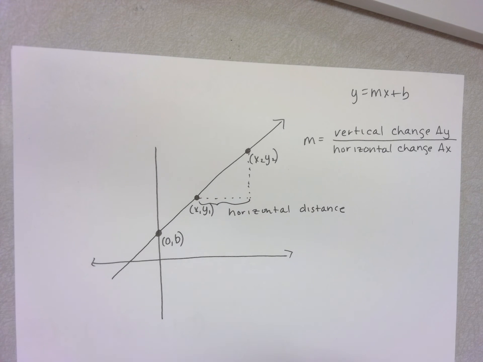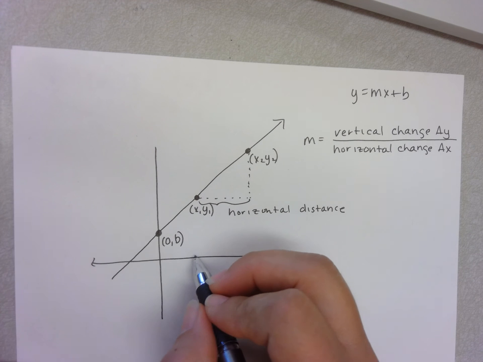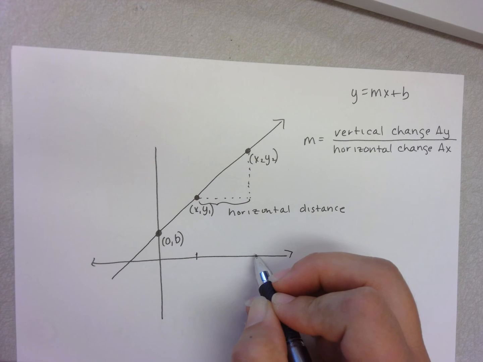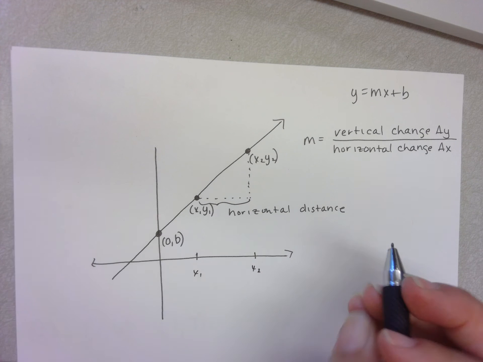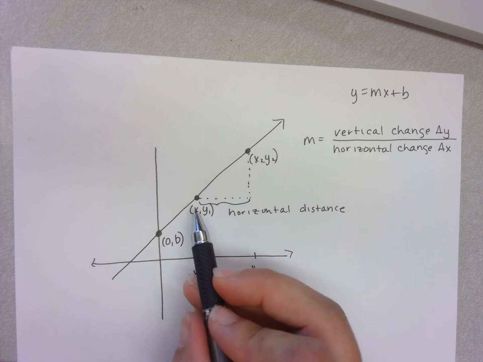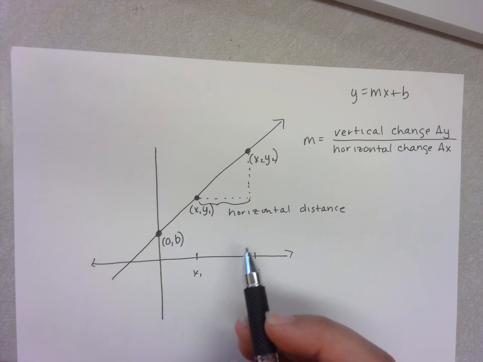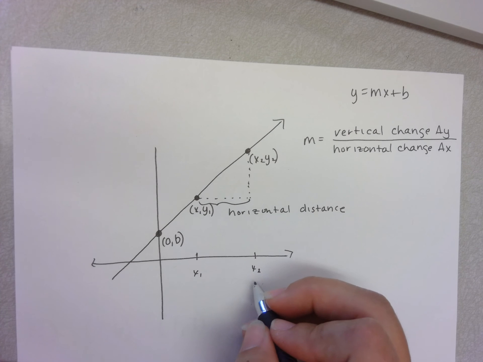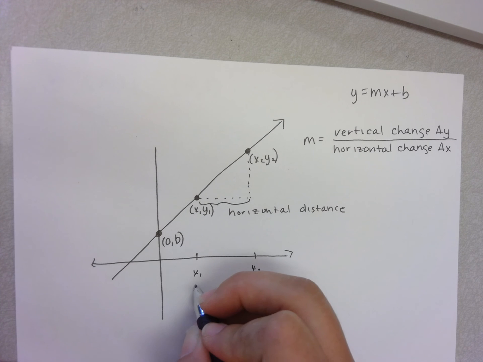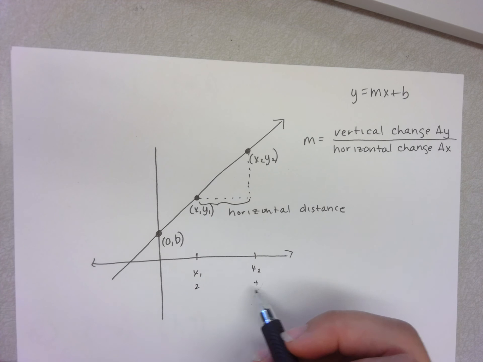If I were to calculate this distance, if I think about it down here, this would be my x1 and this would be my x2. So this distance right here is x2 minus x1. Imagine if I put in numbers here. If this were x equals 4 and this were x equals 2, then this distance would be 2 because I'd subtract 4 minus 2.